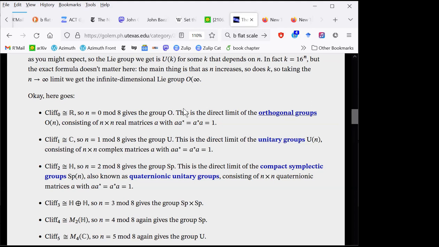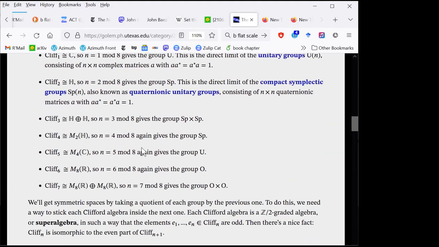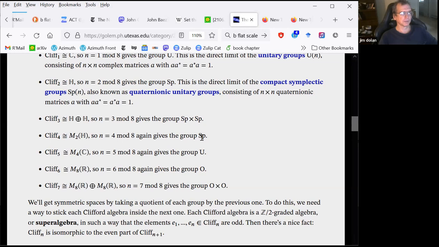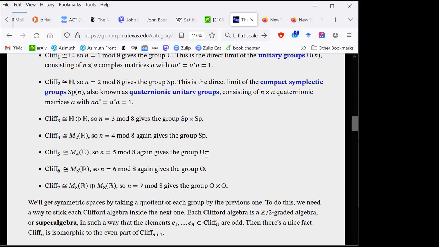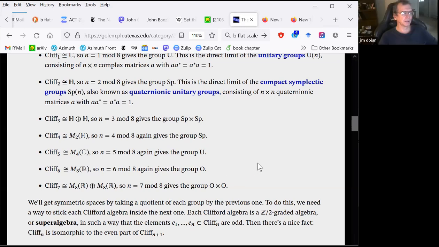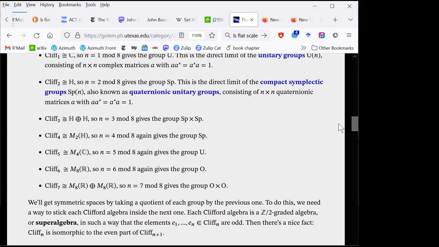So anyways, you get O, U, Sp, then you get Sp times Sp, then Sp, then U, then O, and then O times O. So you get these infinite dimensional groups, but you could think of them as co-limits of finite dimensional groups, if you prefer.